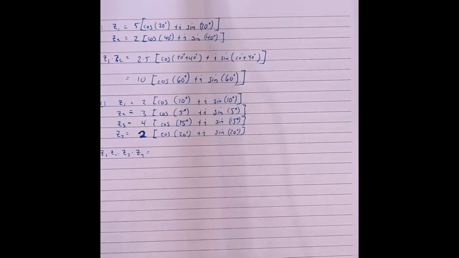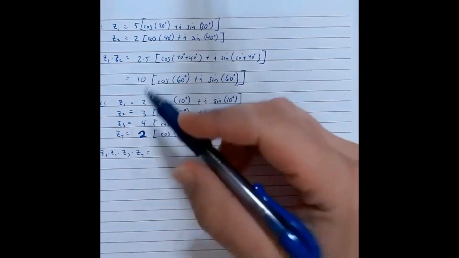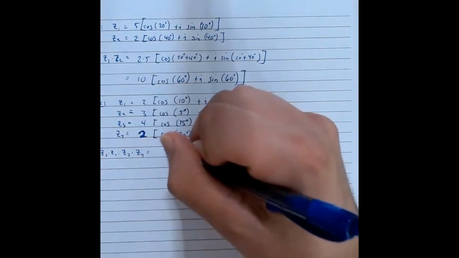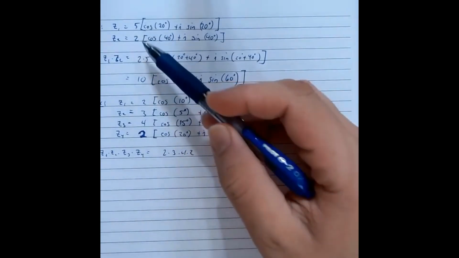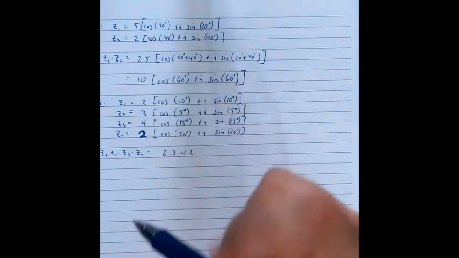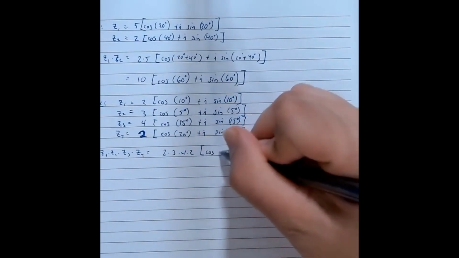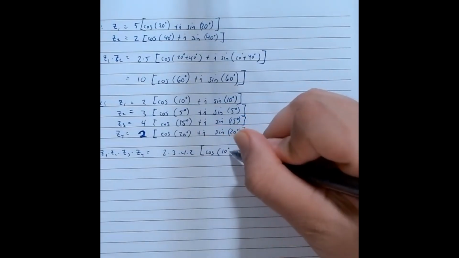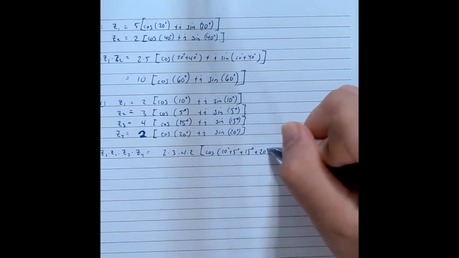All right, so let's take a look. Here we're simply multiplying these together. So that'll be 2 times 3 times 4 times 2. You're going to multiply together all of the moduli, and you're going to add together all of the arguments. So this is the cosine of 10 degrees plus 5 degrees plus 15 degrees plus 20 degrees.